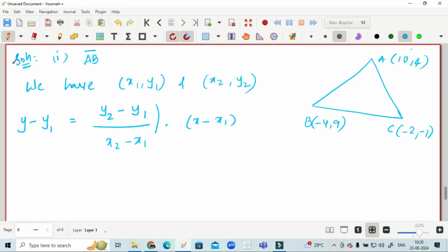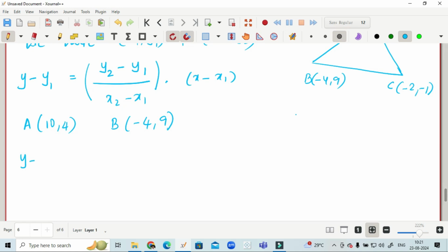So this is the slope, and this is the equation of a straight line when 2 points are given. Our 2 points are A (10, 4) and B (-4, 9). Let's substitute in the above formula.